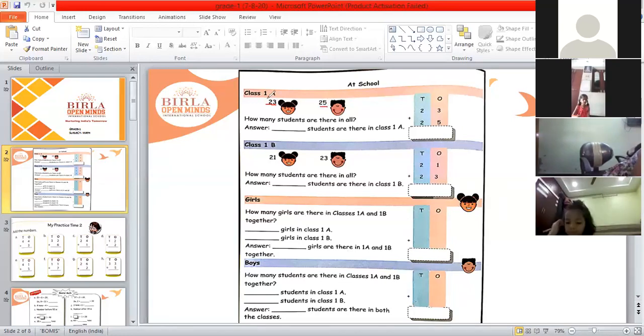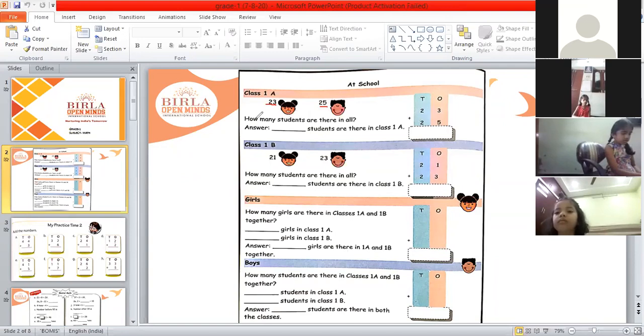Okay, so in class 1A, or you can say in first A class, like we have alpha and beta section in our school, in a similar way they have first A and first B. So there are two sections, first A and first B. In first A class there are 23 girls and 25 boys.